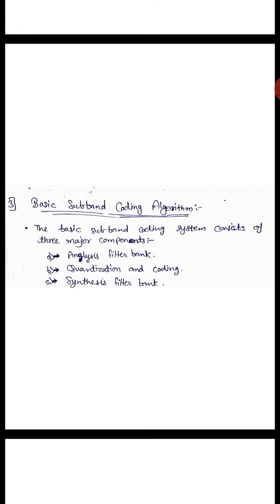The next topic is the basic subband coding algorithm. The basic subband coding system consists of three major components: the analysis filter bank, quantization and encoding, and third, the synthesis filter bank. Firstly, we will discuss the analysis filter bank.